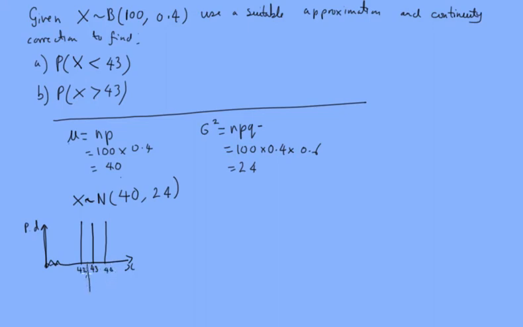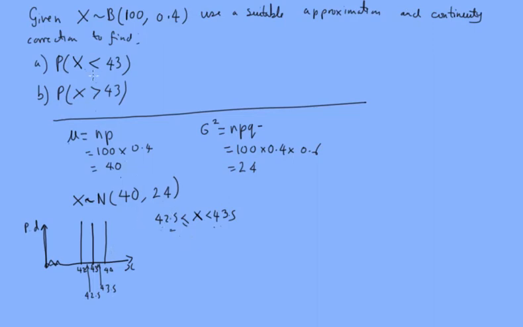And in the middle, we've obviously got 42.5 and 43.5. Now, we want x less than 43, so not including 43. So we've got 42.5 is less than or equal to x is less than 43.5. So that's the range of values that x would take if we're dealing with it like a continuous variable.